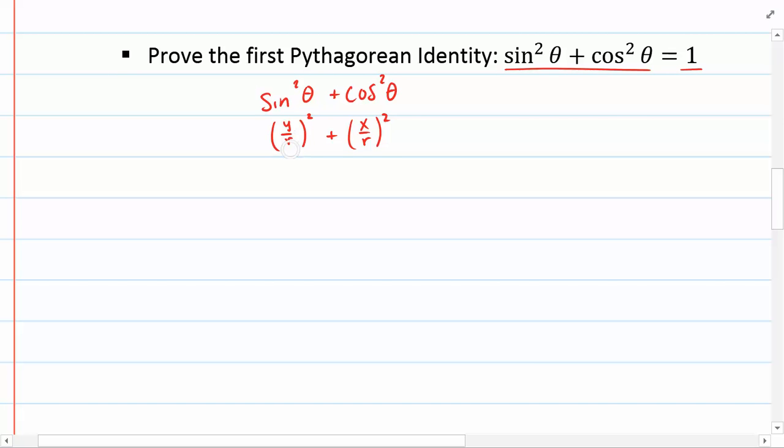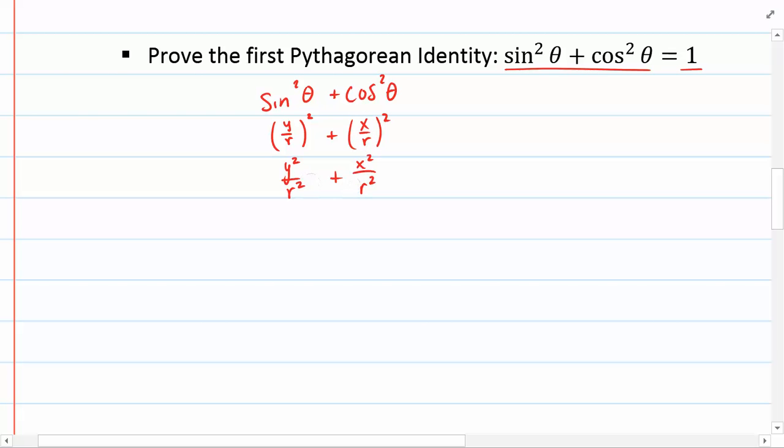But let's move forward with this, supposing that we're not dealing with a unit circle, but any triangle with any radius. I know that y over r, squared, would be the same as y squared over r squared. And x over r, squared, is x squared over r squared.